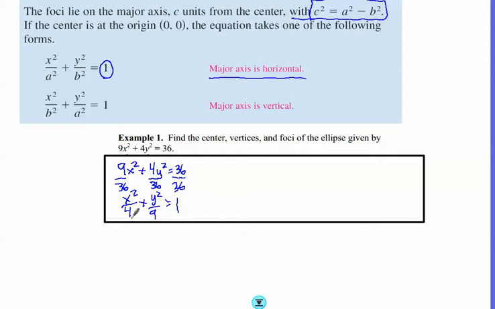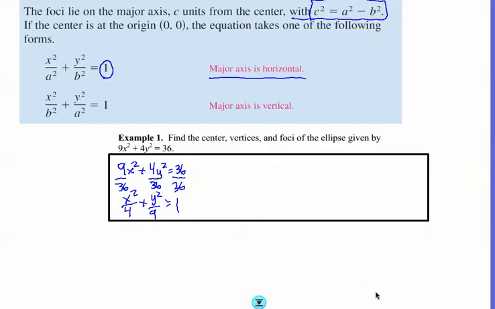Oops, I made an error there. We look at the numbers underneath, and whichever one's bigger is going to be your a value.